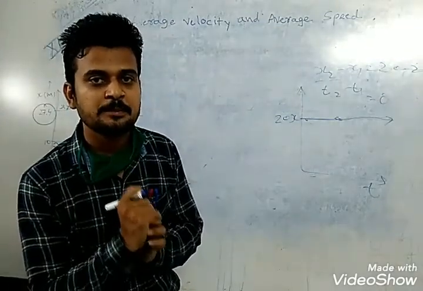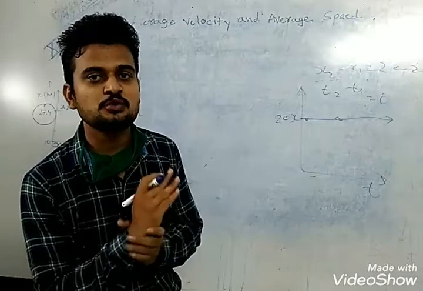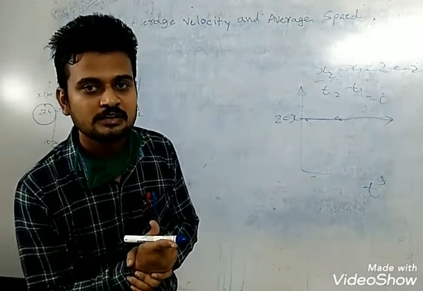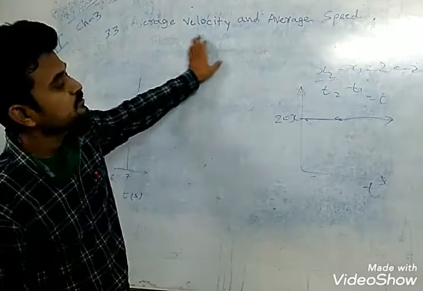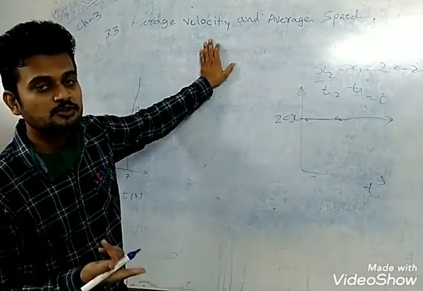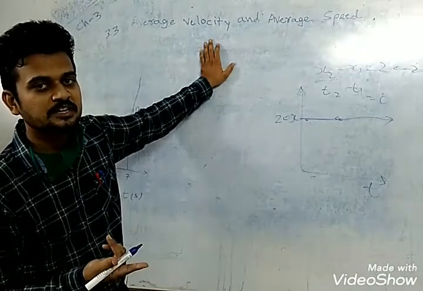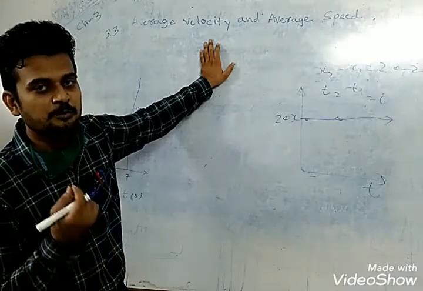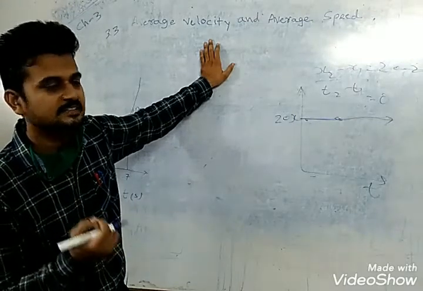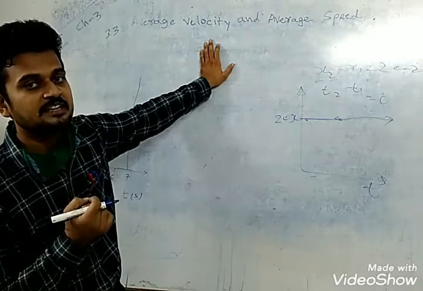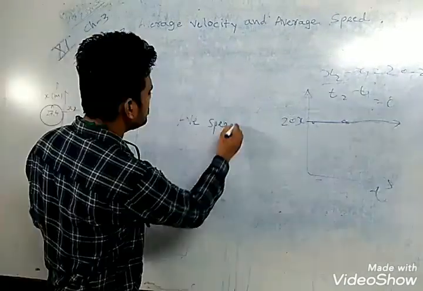Average velocity depends on both magnitude and the direction of the object.